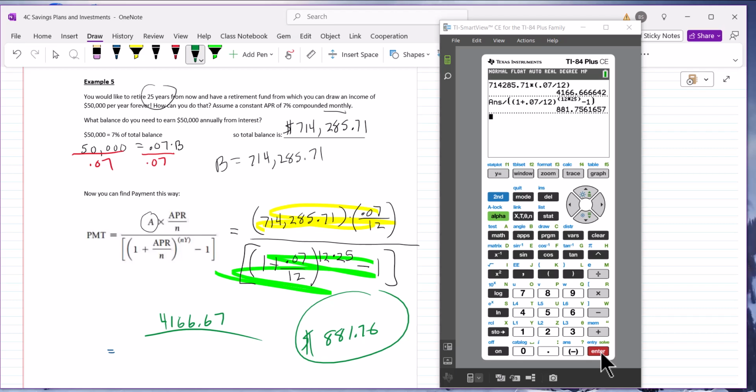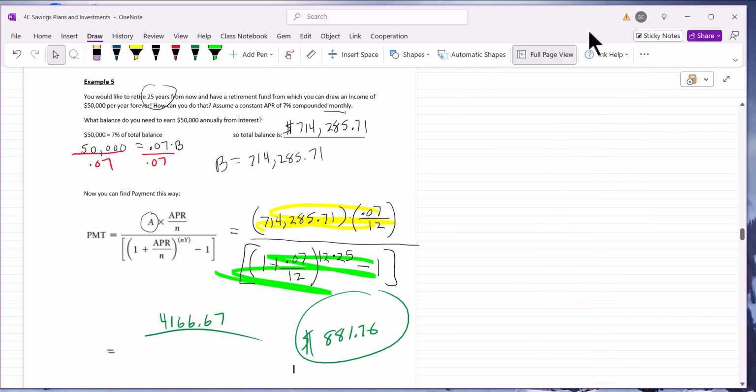Even if you live to be 1,000, if you still keep putting 881.76 in, you're always going to get 50,000 drawn out. That's weird, but it works that way. So you could figure out what you deposit to make that happen. That's a little bit different problem, but the key is you have to figure out that 714. Okay, does that make any sense?